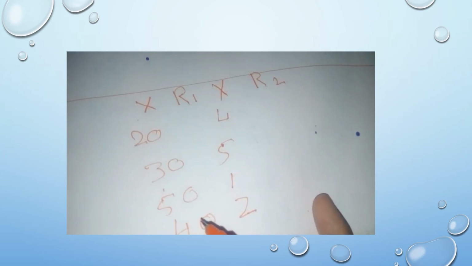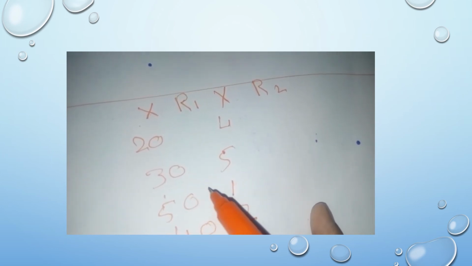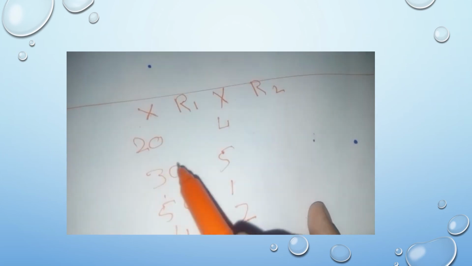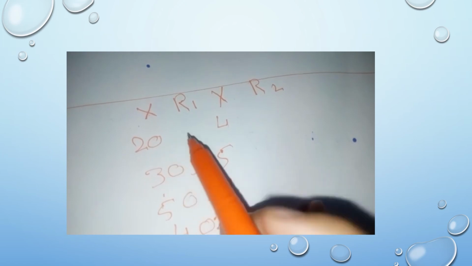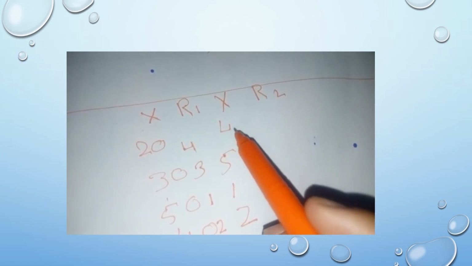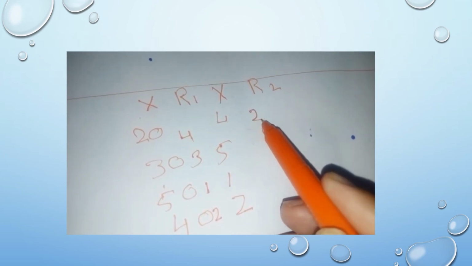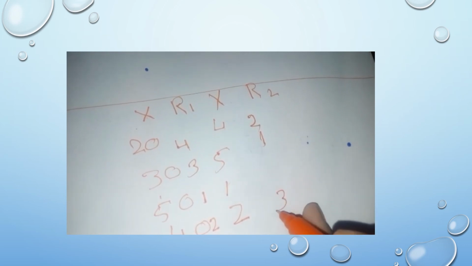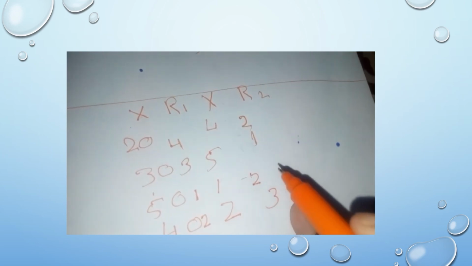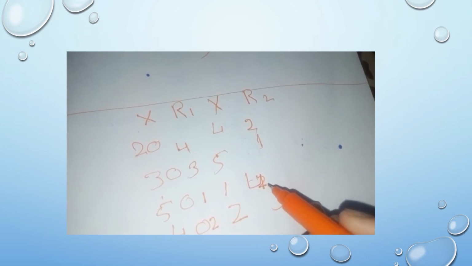So in this data, for example, 50 is rank 1, 40 is rank 2, 30 is rank 3, 20 is rank 4. In y, 5 is rank 1, 4 is rank 2, 2 is rank 3 and 1 is rank 4.